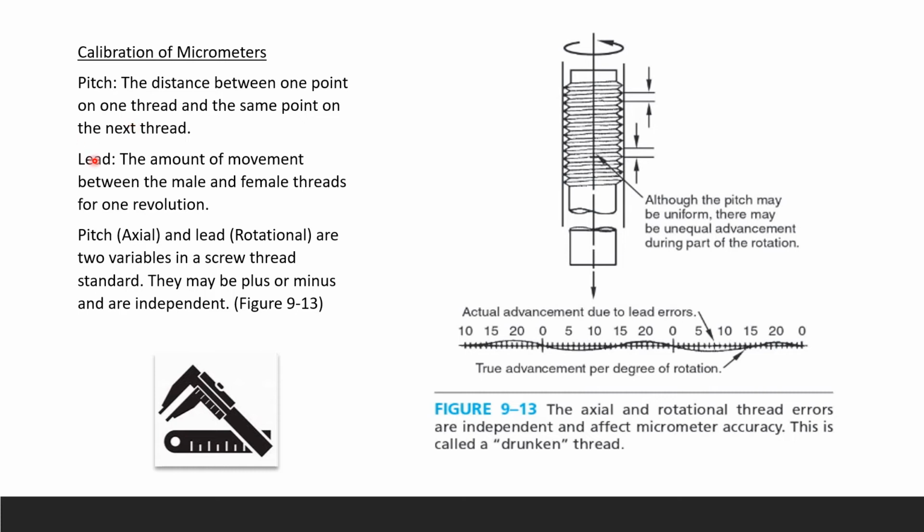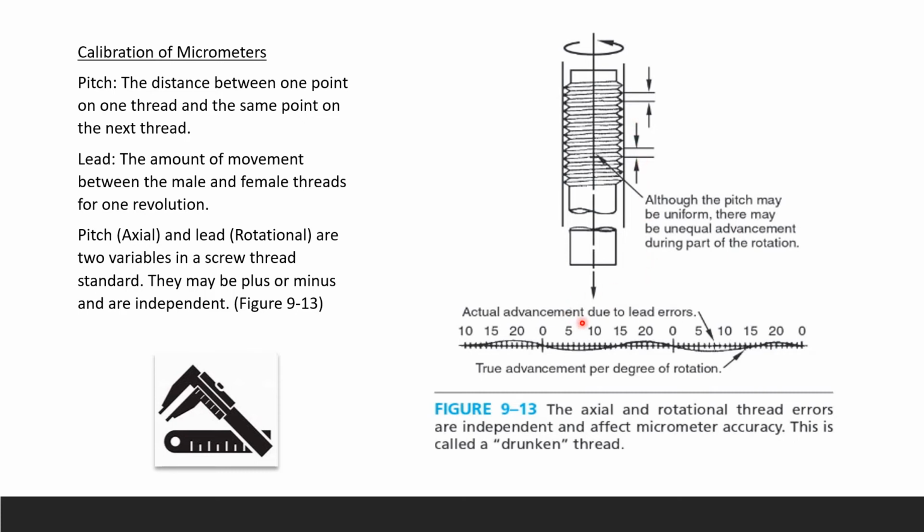And your lead is the amount of movement between the male and female threads for one revolution. Your pitch is your axial and your lead is your rotational. There are two variables, so they can produce errors in measurement in a screw thread standard. They may be plus or minus and are independent.